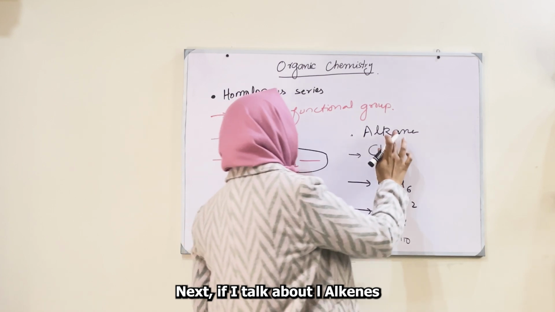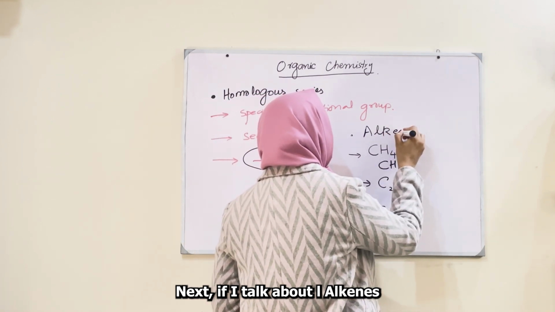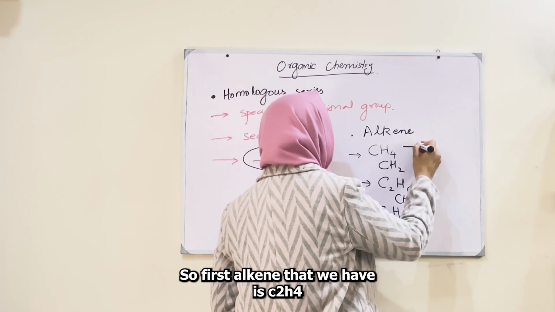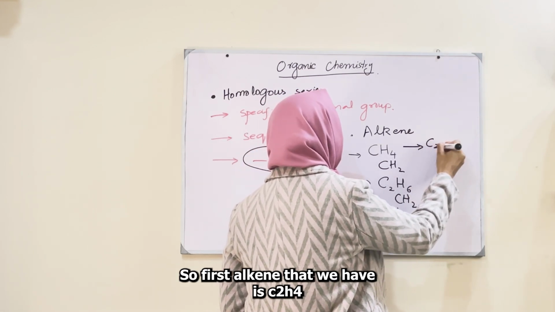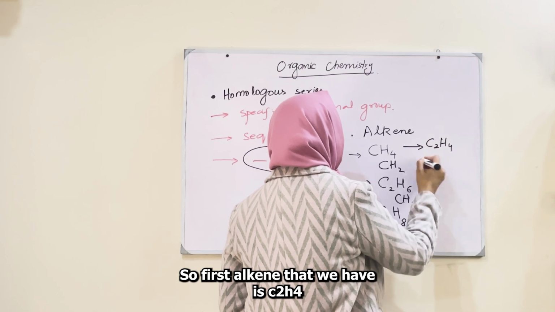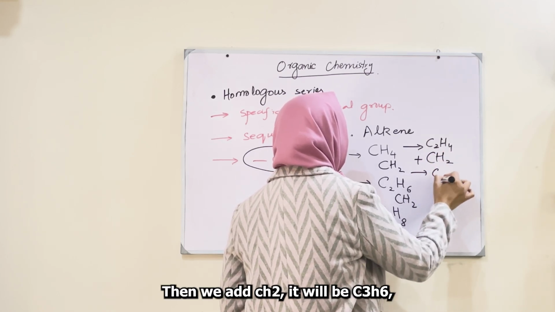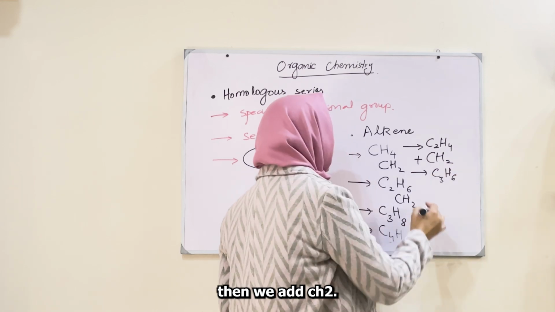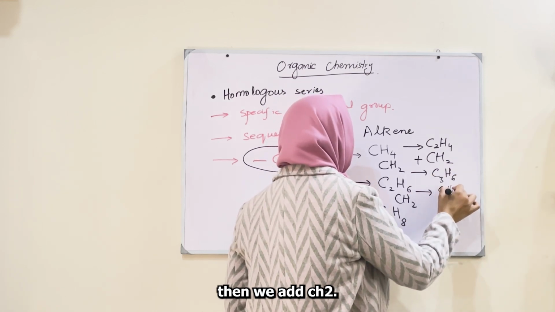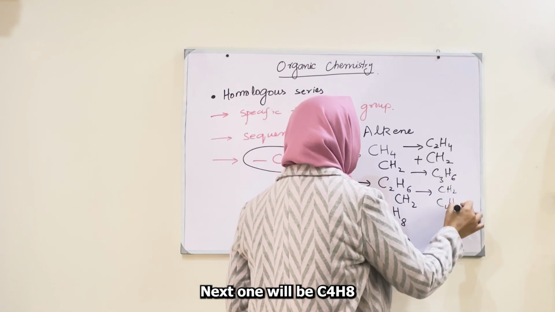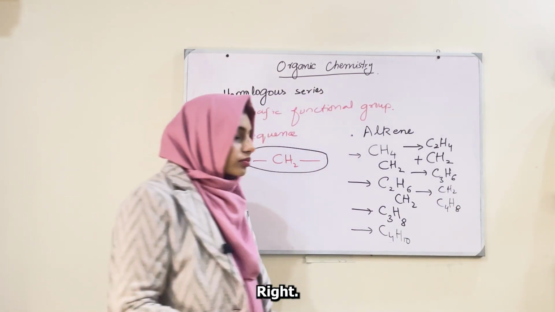Next, if I talk about alkenes, we will apply the same CH2 formula. The first alkene that we have is C2H4. Then we add CH2, it will be C3H6. Then we add CH2, the next one will be C4H8, right?